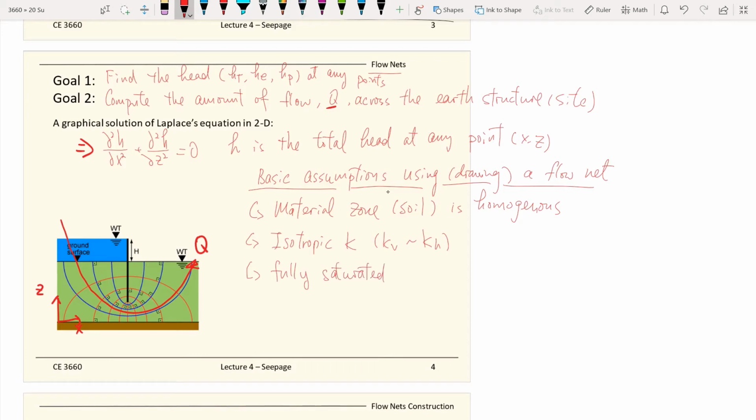As long as you have water tables above the ground surface, this assumption is valid. And we also assume the fluid is incompressible.